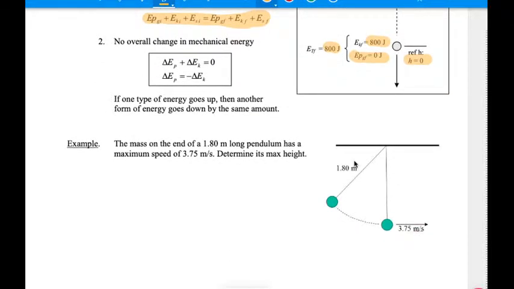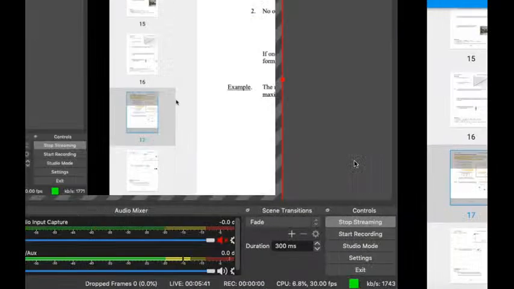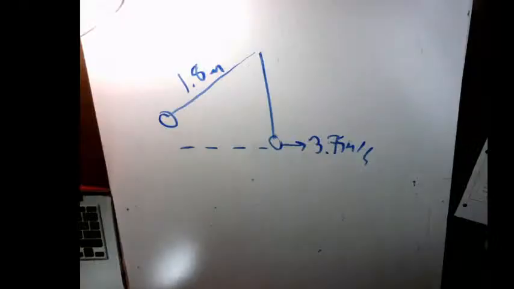We have our pendulum. These are quite common for mechanical energy problems. And we have a speed at the bottom of 3.75 meters per second, and the length of the pendulum is 1.8 meters. We don't know its maximum height, but that's what we are trying to figure out.